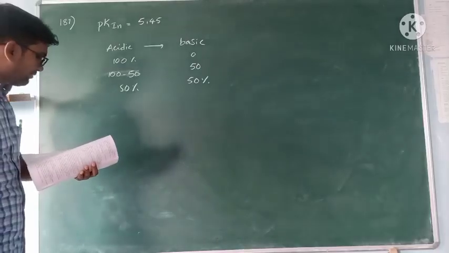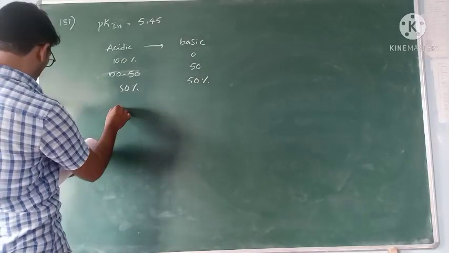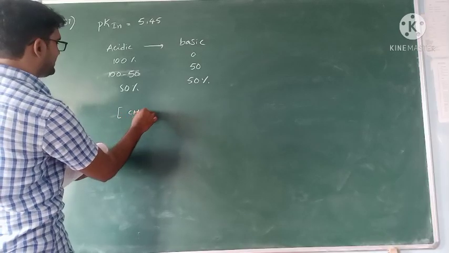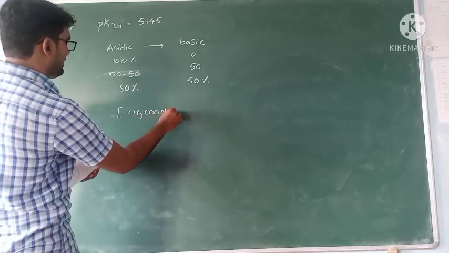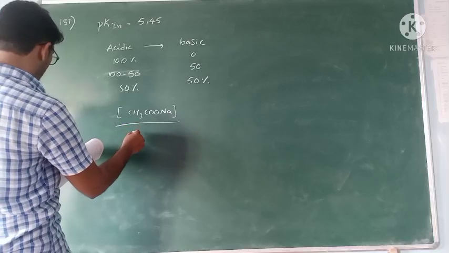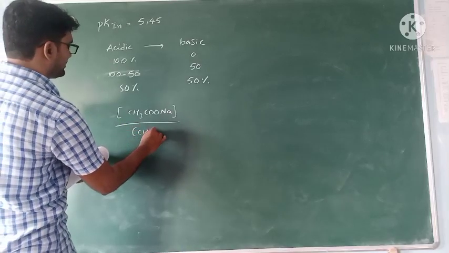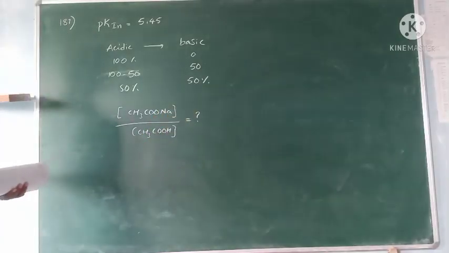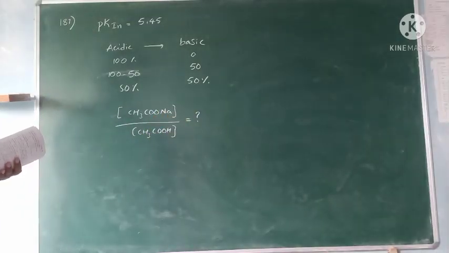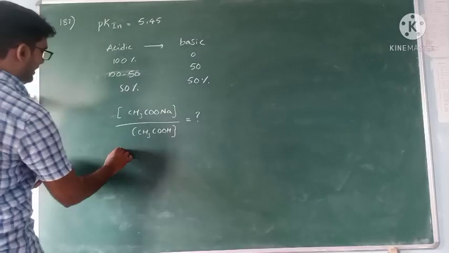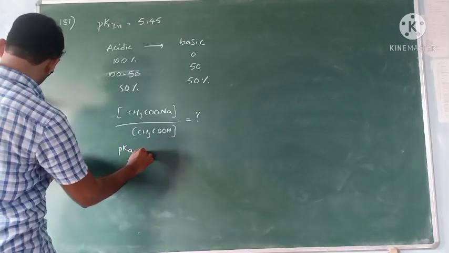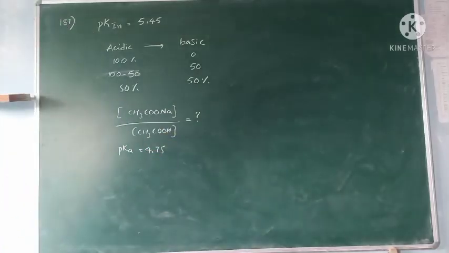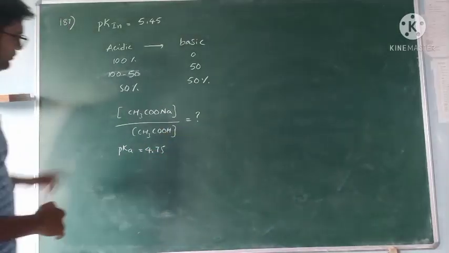Okay, we have to calculate the concentration ratio of sodium acetate, CH3COONa, by acetic acid, CH3COOH. And the pKa value is also given, pKa is equal to 4.75. Based on this, we have to calculate it.